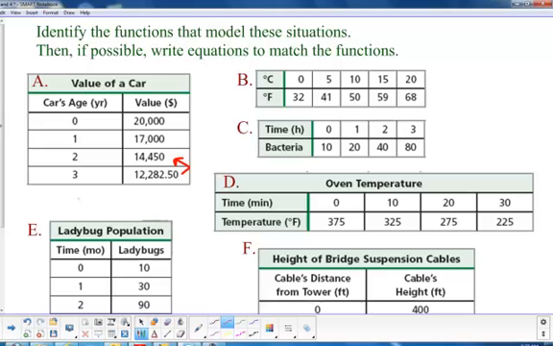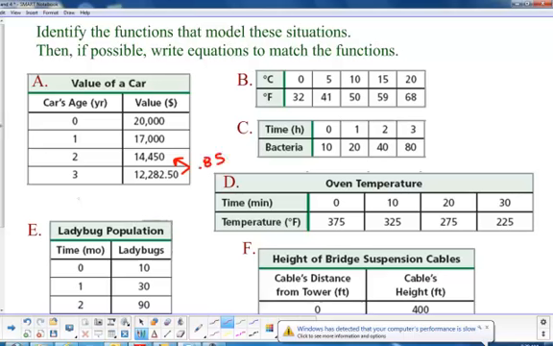So let's start dividing. 12,282 divided by 14,450 is 0.85.